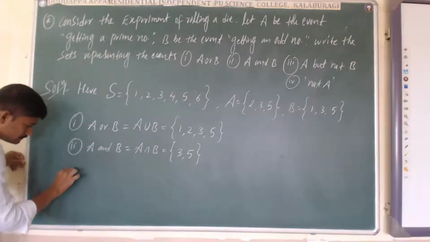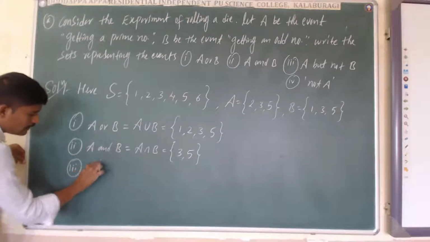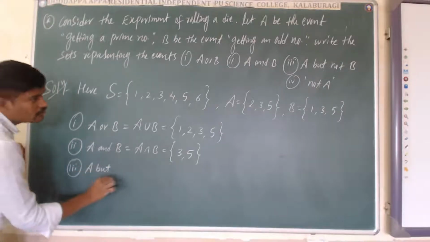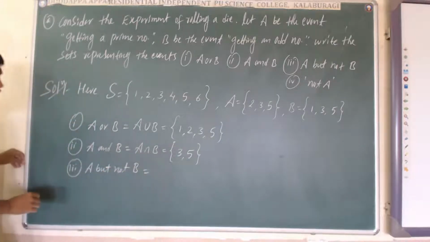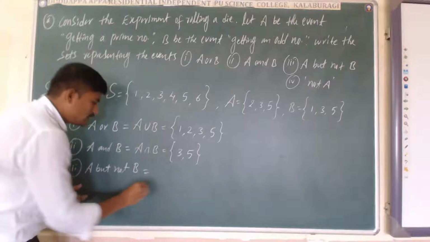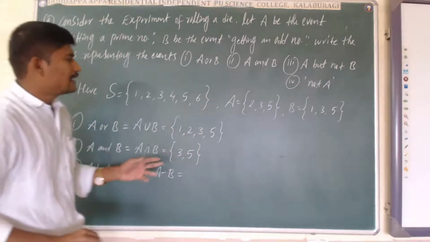And the third one is A but not B. A but not B is nothing but A minus B. A minus B. Now you write directly.